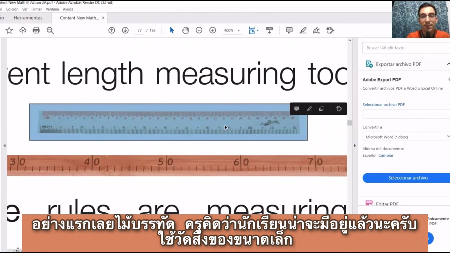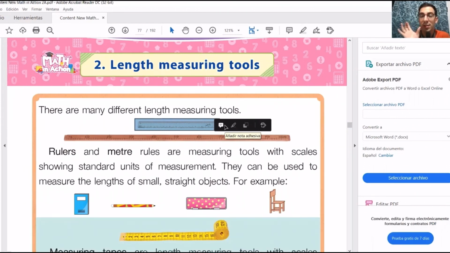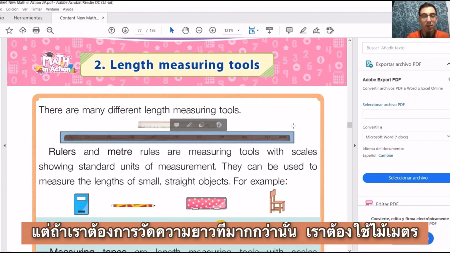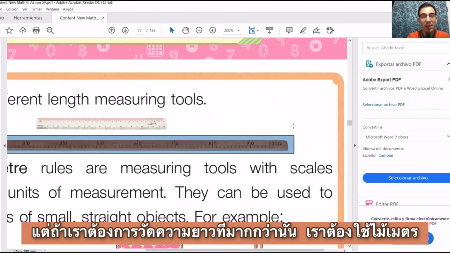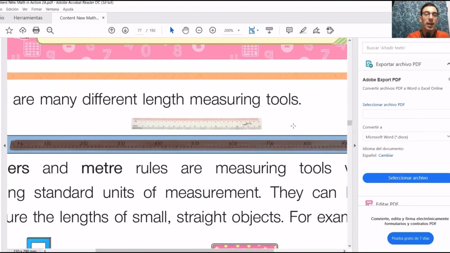A ruler normally is small, to measure small things. But if we have a ruler that is 1 meter long, we can call it a meter. Maybe you have seen some of these at school. It's made from wood, it's not flexible, and it is very straight and hard.